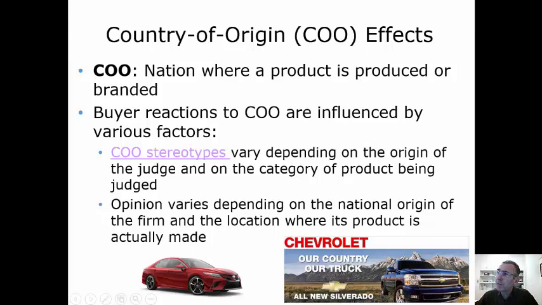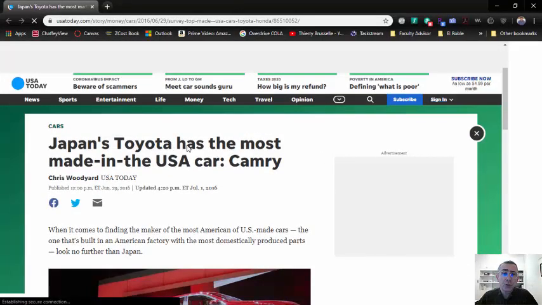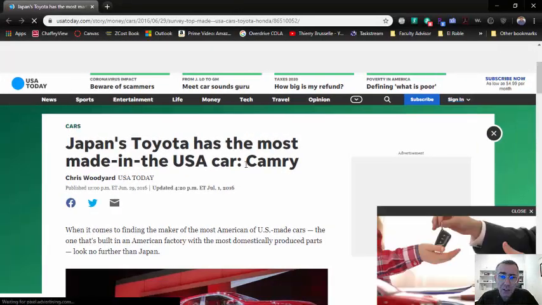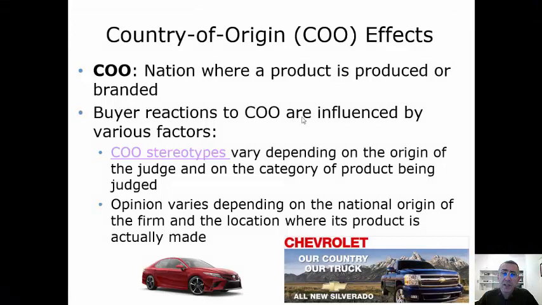And so here I have for you a little story from USA Today, reminding us that Japan's Toyota has the most made in the USA car, the Camry. A lot of people think of the Camry as a Japanese car. It's fascinating, right? Because the Camry, that's the Camry right there, is an American-made car.